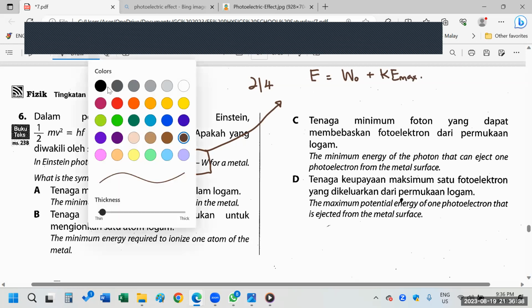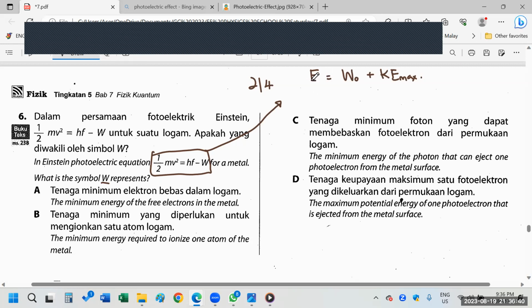Photon means packet of energy, so photon energy is hf equals W naught plus KE max, half mv squared. Rearranging, we get hf minus W naught. So this W actually means work function.